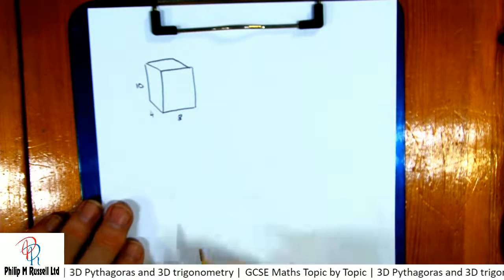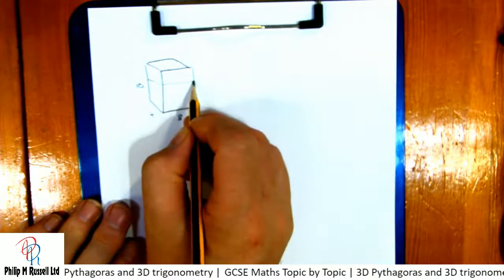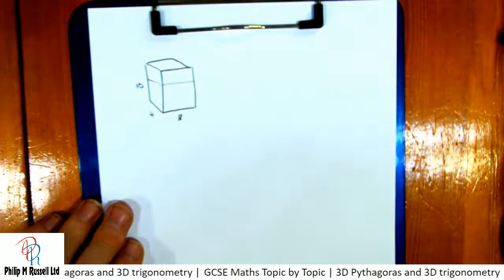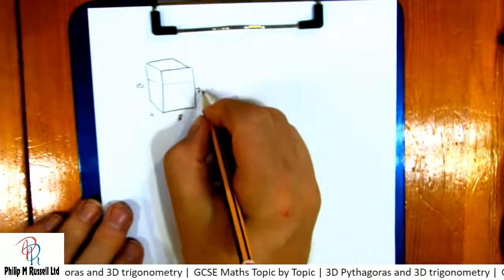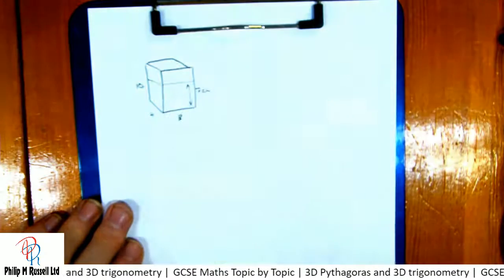Not really any problem here, apart from the fact that we're told that the height of the juice is 7 centimeters.